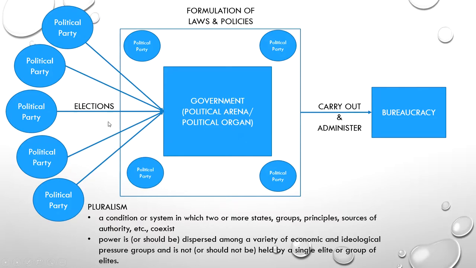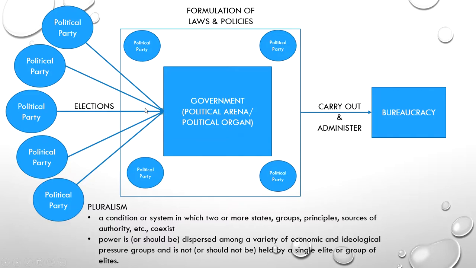So this is in terms of who will get the political positions within the government. Through elections, there will be competition, and those who will be elected, probably only a few, will partake in the government process of formulating laws and policies. So this is the political arena, or the pluralistic arena, in the sense that they practice pluralism.